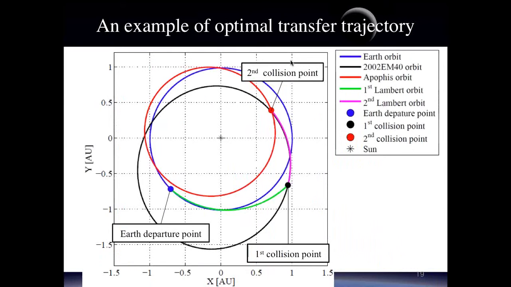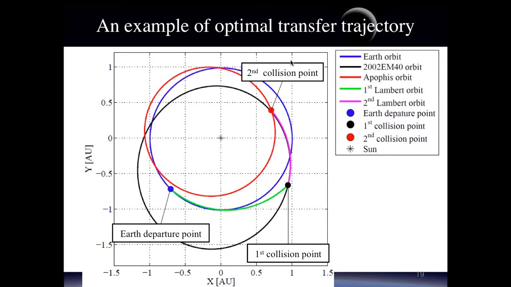This is an example of an optimal transfer trajectory using asteroid 20 to EM40. The blue line shows the Earth trajectory, the black line shows the small asteroid's trajectory, and the red line shows Apophis's trajectory.